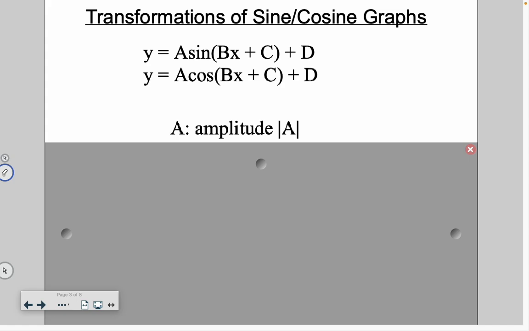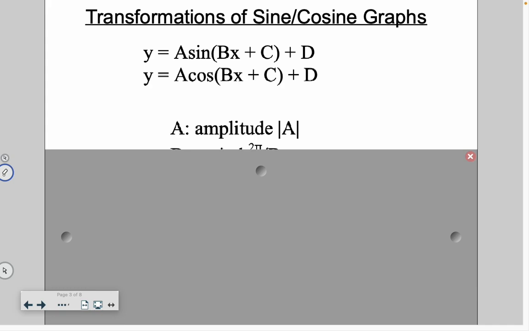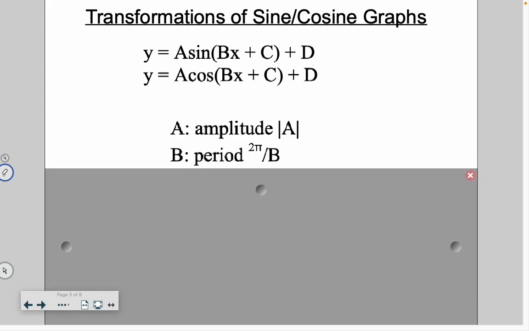The B value, if we move to that, the B value by itself doesn't necessarily tell you a whole lot. But to find the period of your sine or cosine wave, okay, the period is always 2 pi divided by B. That's how you find the period of a sine or cosine wave.